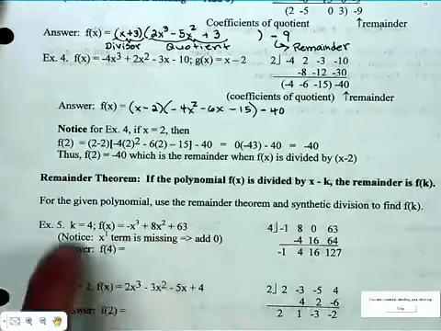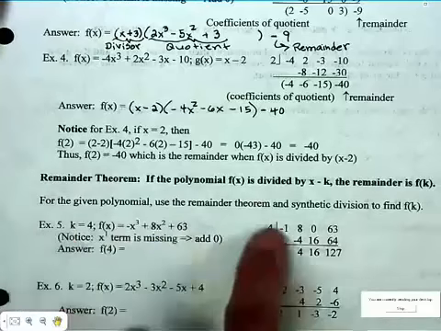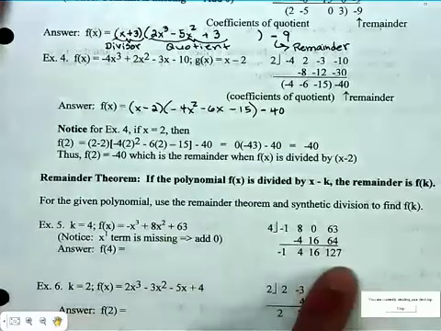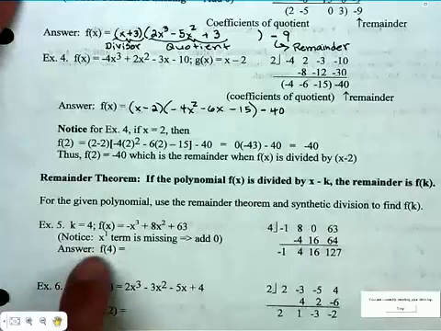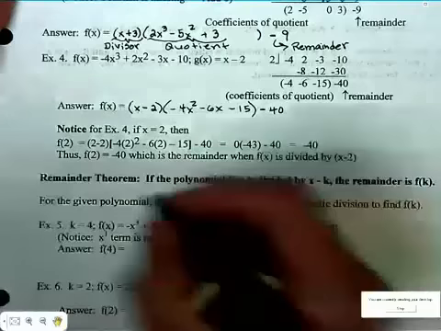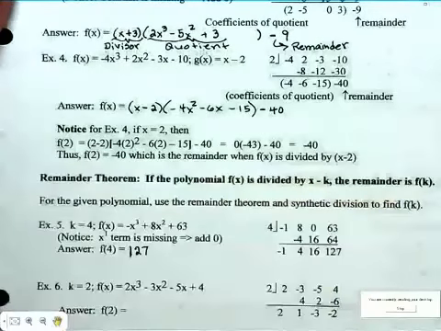However, if you tell me to use synthetic division, I'll put 4 in the box, I'll do the synthetic division, and then because of the remainder theorem, I know that f of 4 would just be what? The remainder, 127. That's what the remainder theorem is saying.